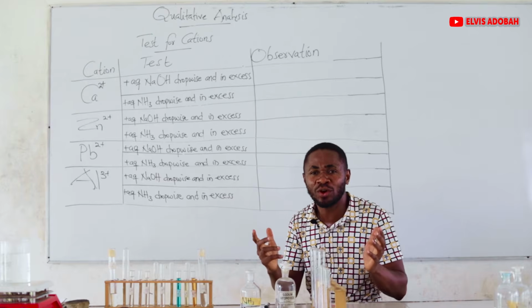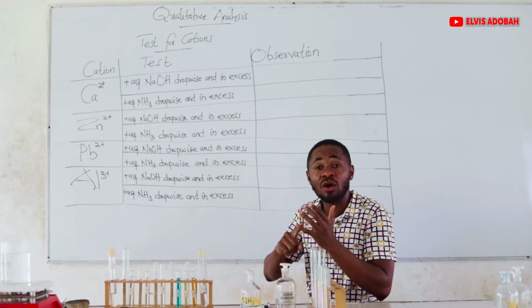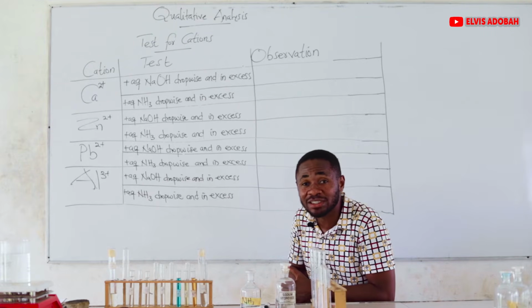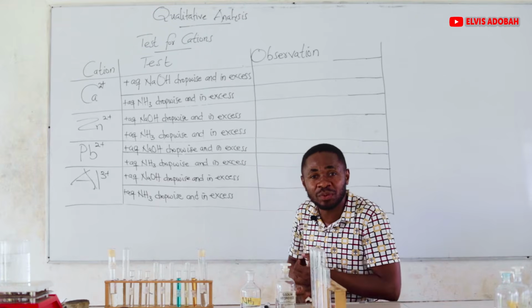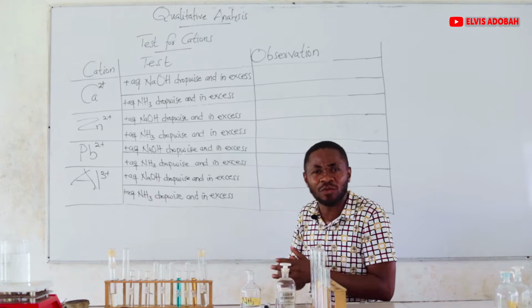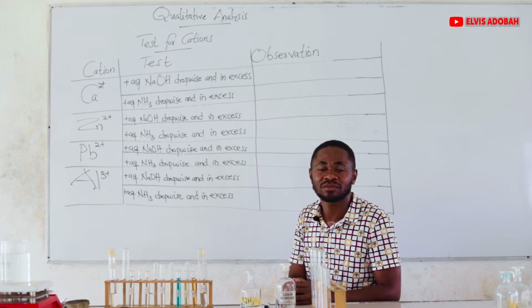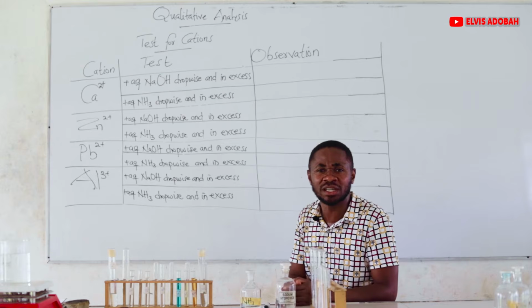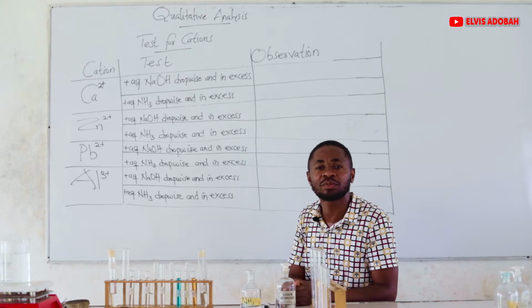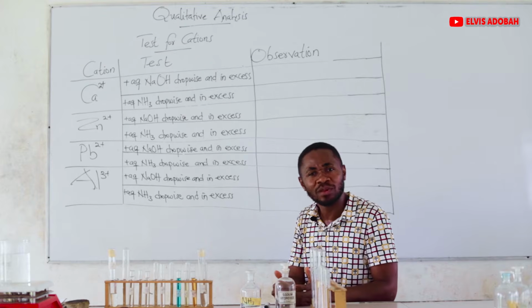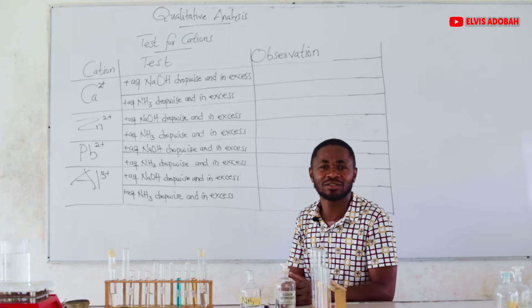Now, what are we looking for in the results? Are we going to see a precipitate or not? If we see a precipitate, what is the color of the precipitate? What is the nature of the precipitate? Is it heavy, like chalky precipitate, or is it gelatinous?